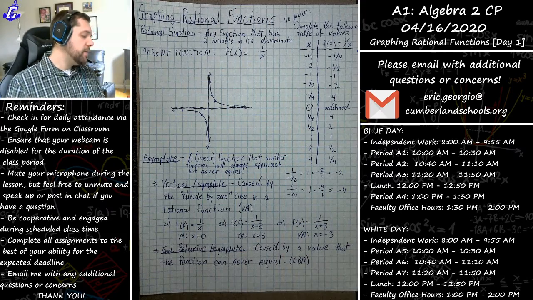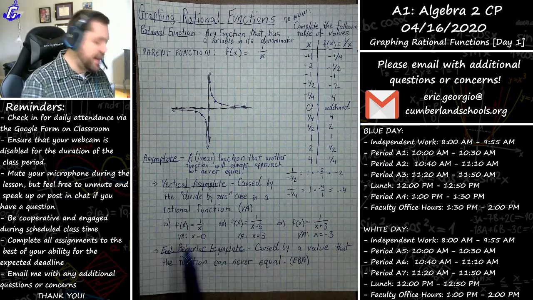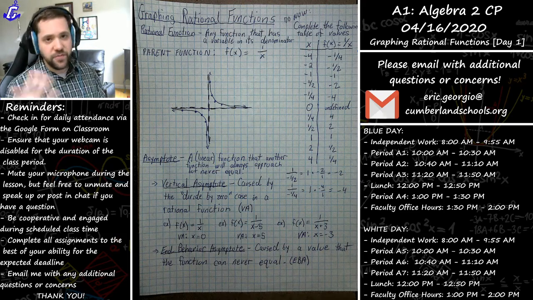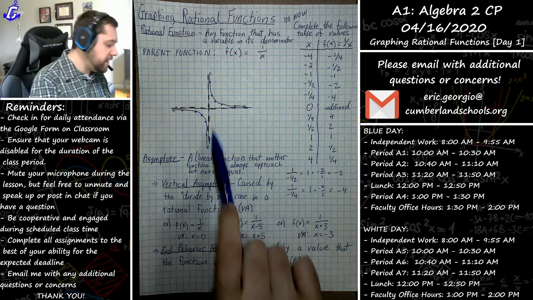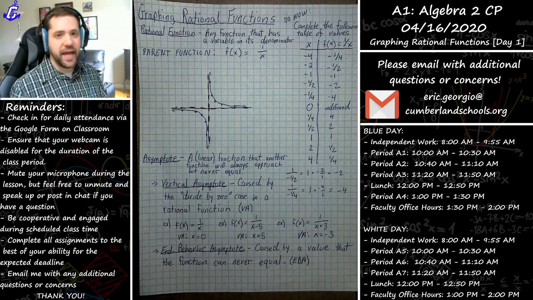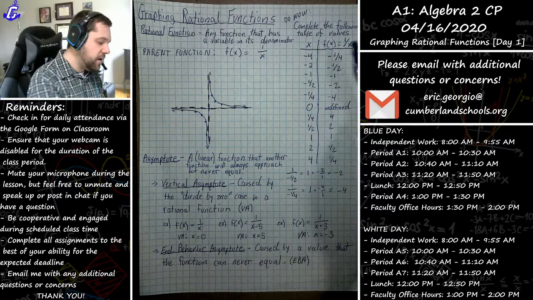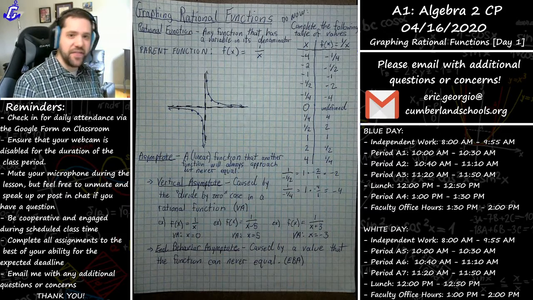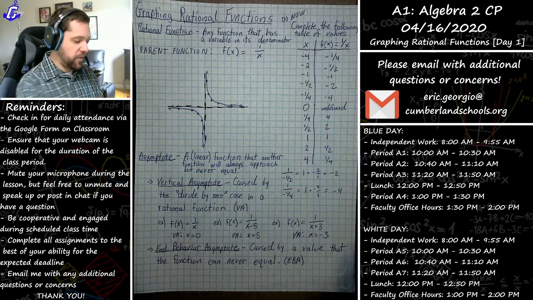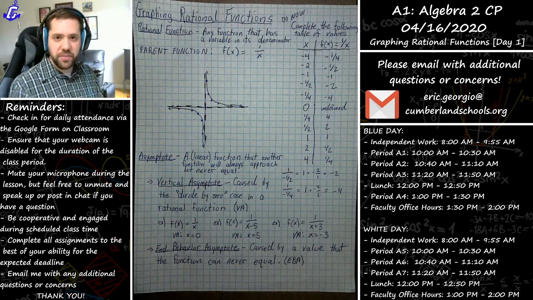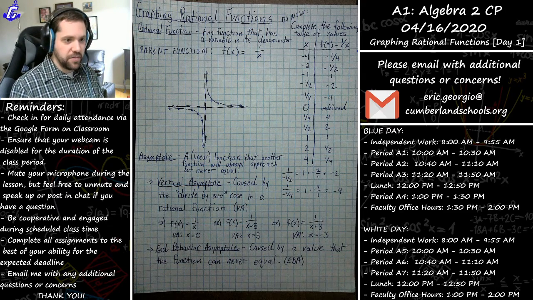All right? Just like how you saw that I can't plug in certain values, that's what creates vertical asymptotes, we get these things called end behavior asymptotes because we can't actually equal certain values either. Here, there is no way that you could get the answer of 0 in the y column. There's no x that you could plug in to make that occur, right?